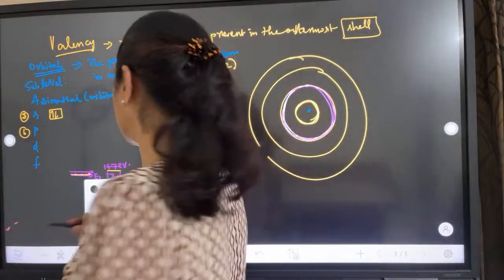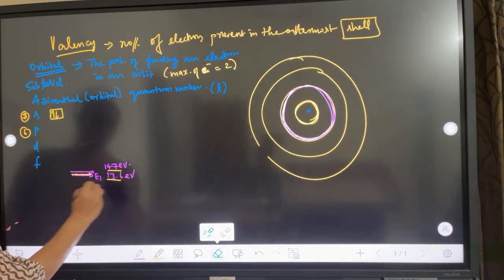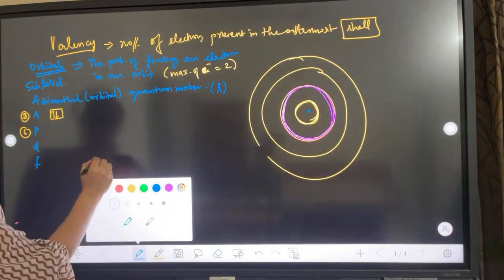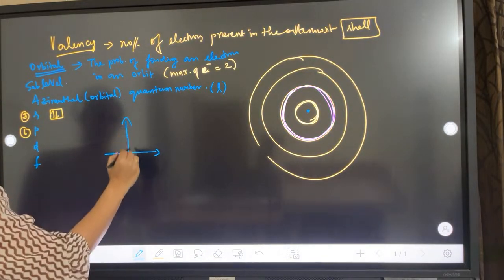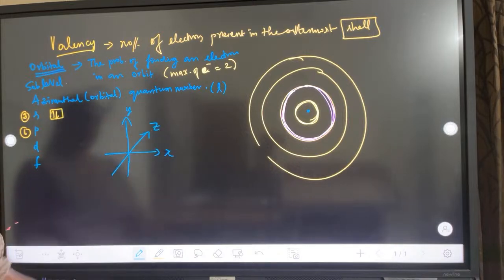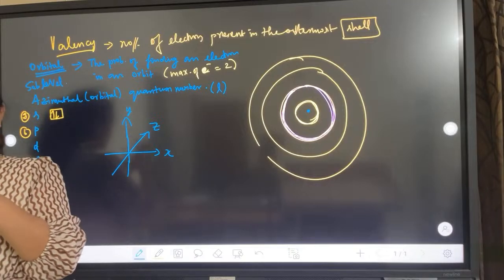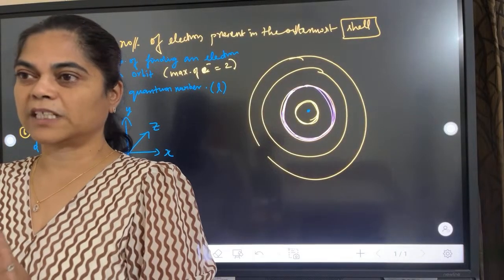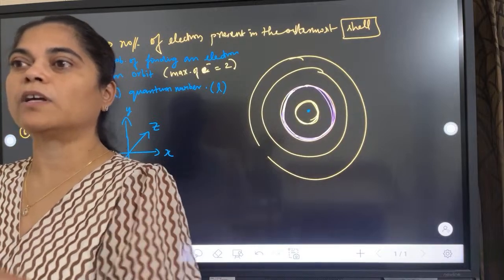How will the 6 electrons be arranged? Suppose you are drawing here, like this: the x axis, y axis and z axis, that means in 3 dimensions. So you are going to consider an orbital as 3D. Clear? So that means along the x axis, along the y axis and along the z axis.